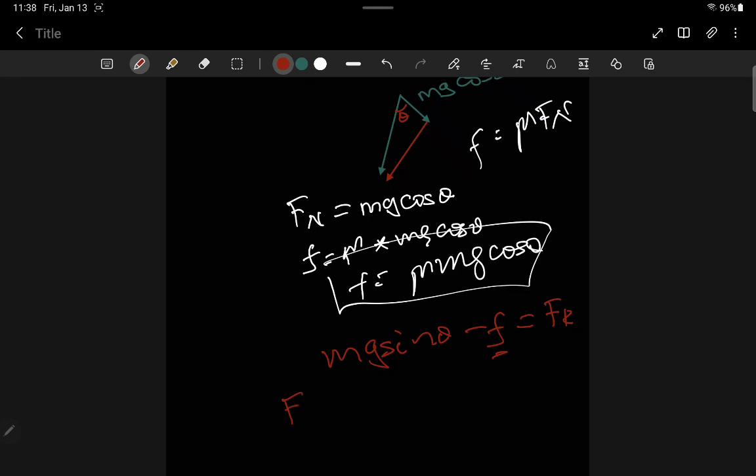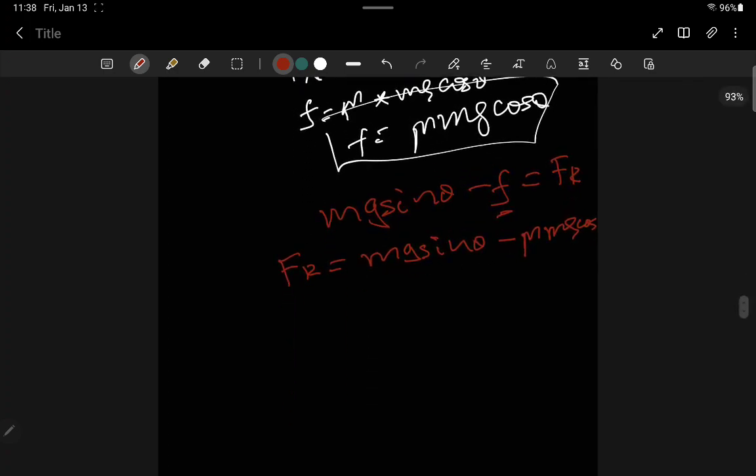So the resultant force this time is equal to mg sine theta minus mu times mg cos theta. This can be written by taking mg common: mg times the sine theta minus mu times cos theta. So this is the expression for the resultant force.